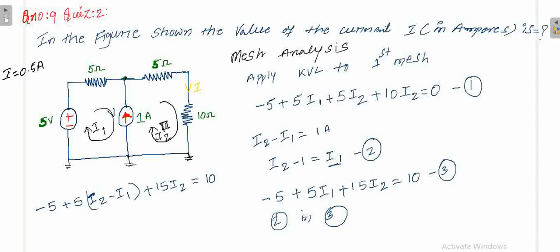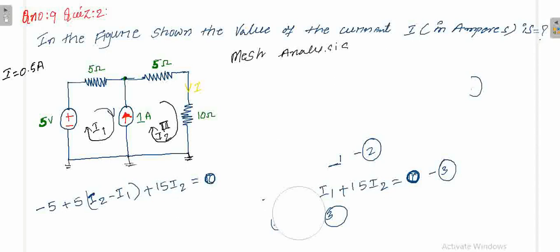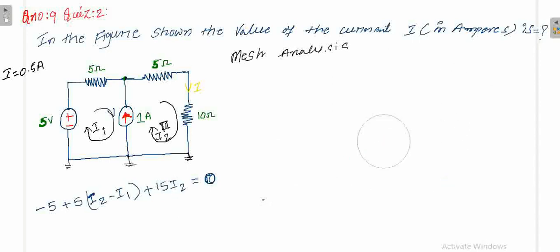Sorry, this is not 10. So let us continue here. What we got here?